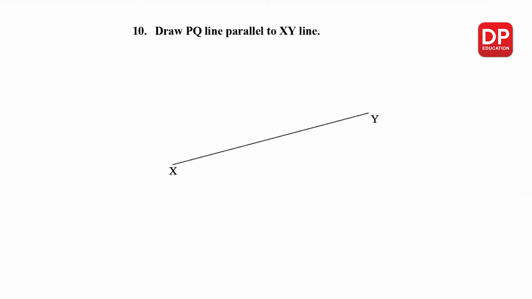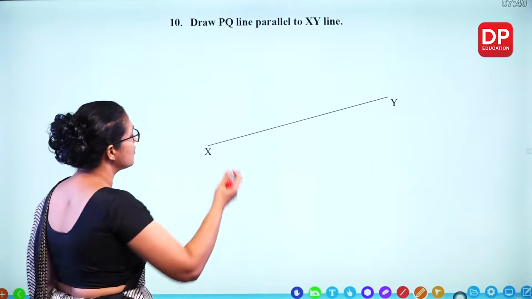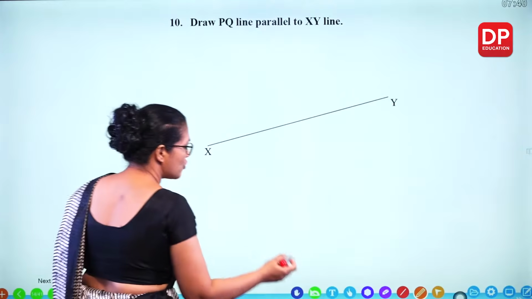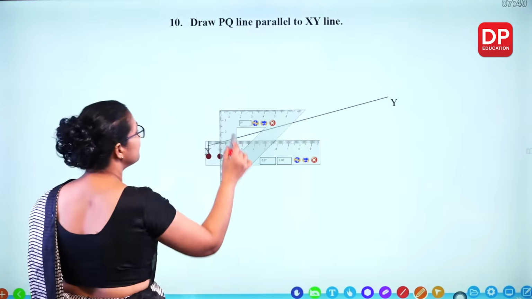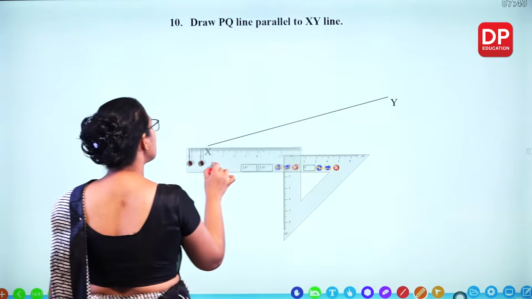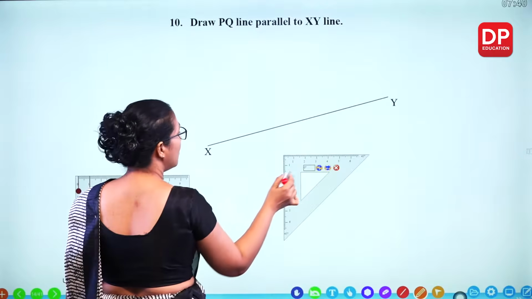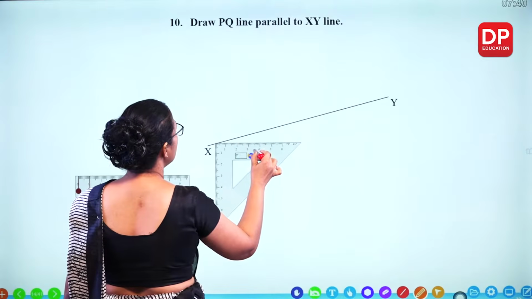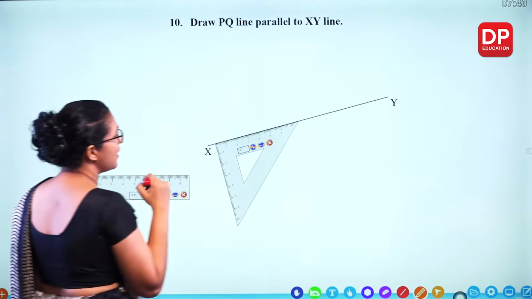Draw PQ line parallel to XY line. Again, so this is XY. So you take the ruler and the set square. Then what you do first, you take the set square and keep on top of this line.